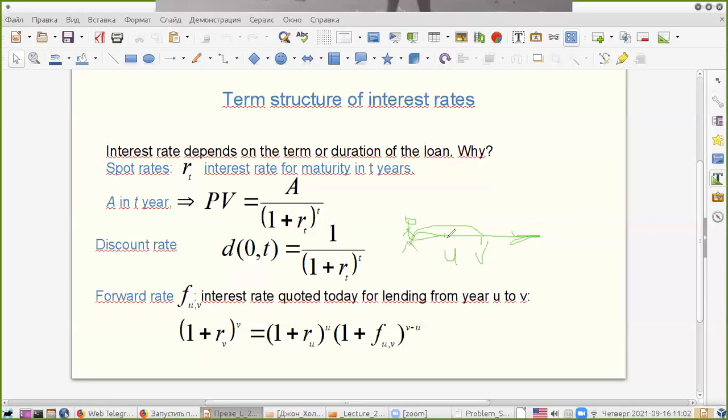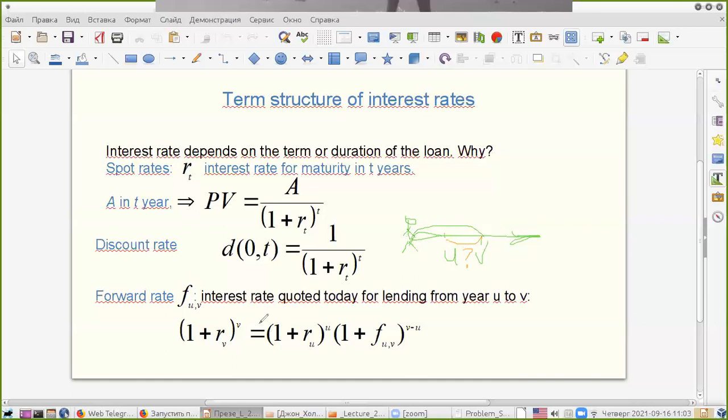But we would like to find this interest rate, because for example we deposit some amount for u years, but after that we would like to deposit at another account, and we don't know these spot rates, and for it we can denote the forward rate f from u to v, and this we can find from this equation.